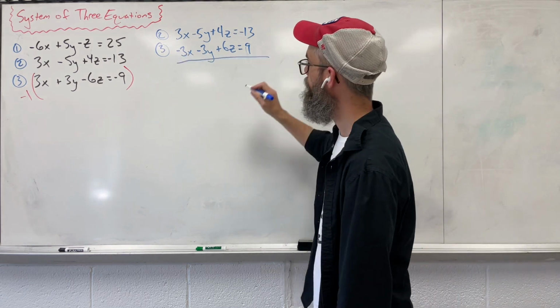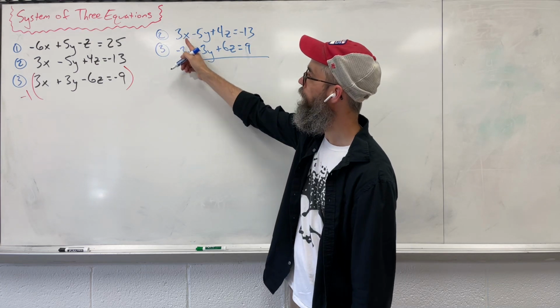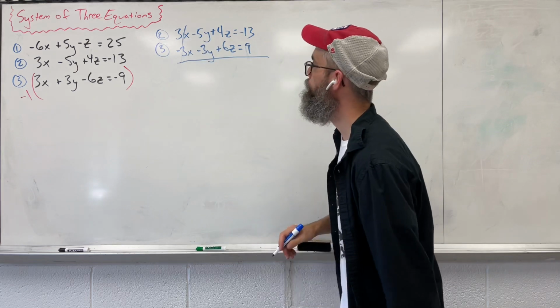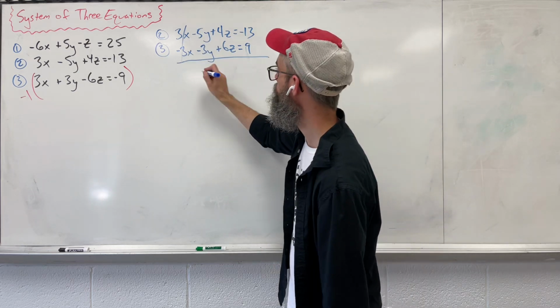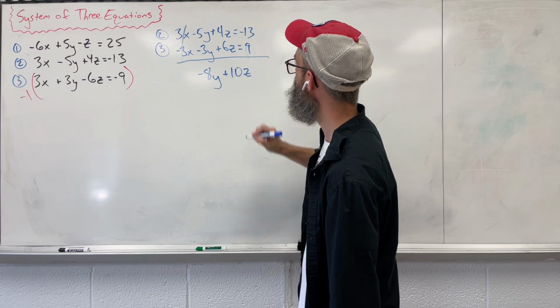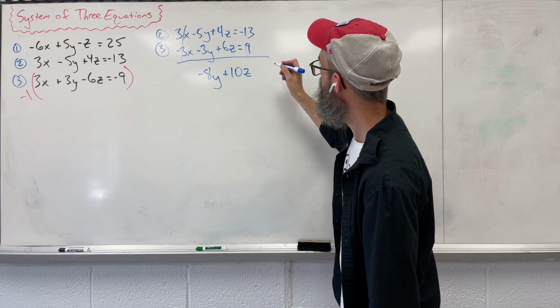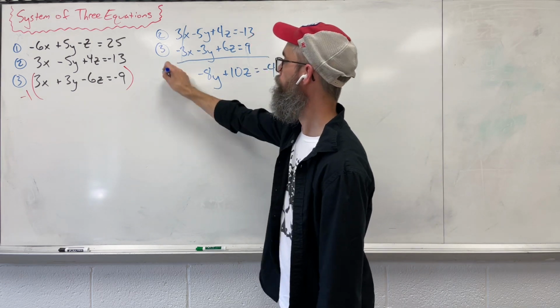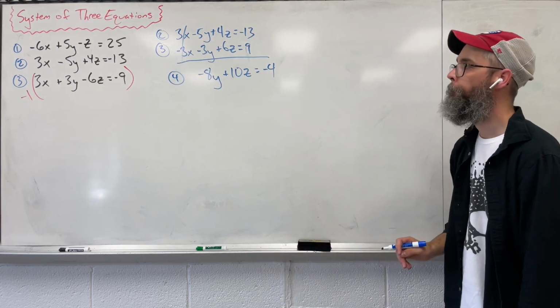Because when I eliminate my 3x's here, now a positive and negative, they'll cancel out with each other. So they disappear. Everything else, let's combine like terms. Negative 8y, 10z, and negative 4. We now found equation number 4.